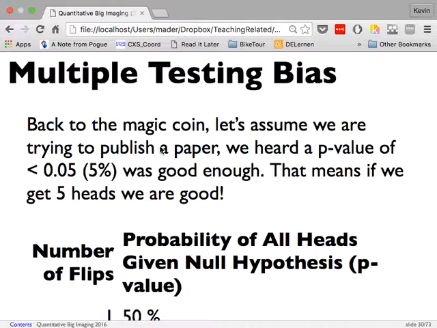And so now, if you go back to the magic coin example, if you're trying to publish a paper, the cutoff p-value, and this will change soon, hopefully, but right now is p less than 0.05. That means there's less than a 5% chance, given the assumptions that you have, that the data came from the same underlying process.